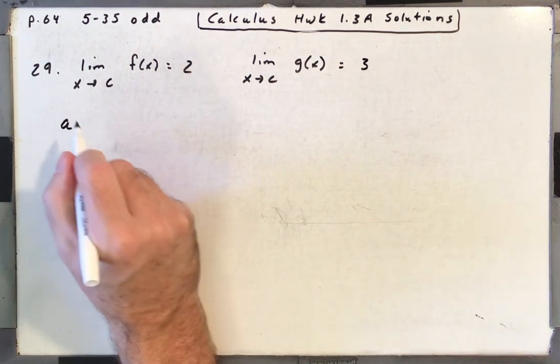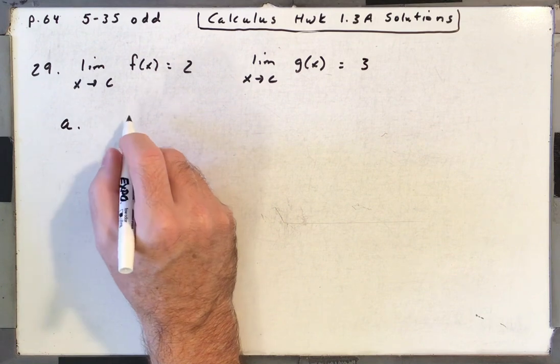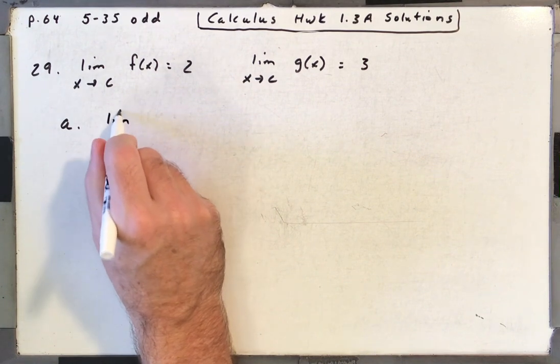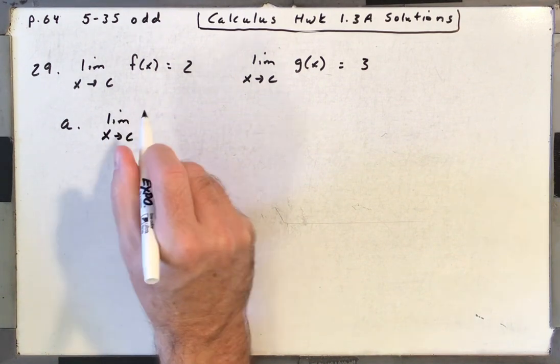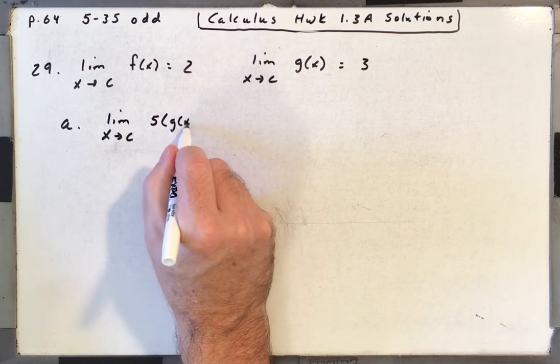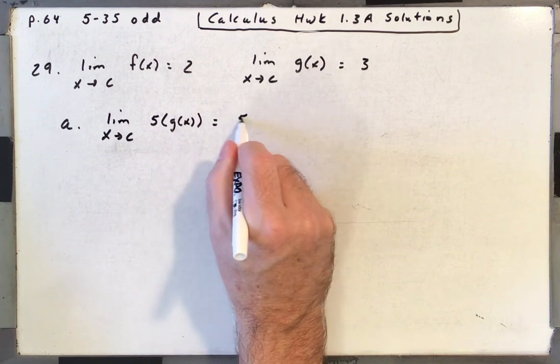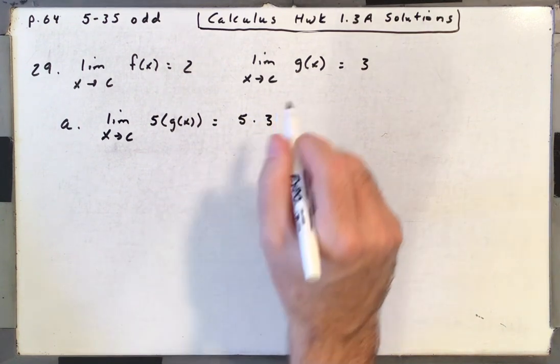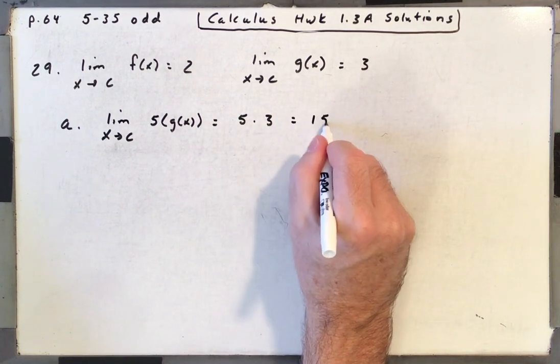So part A, we want to find the limit as x approaches c of 5 times g of x. That's just going to be 5 times 3, which is 15.